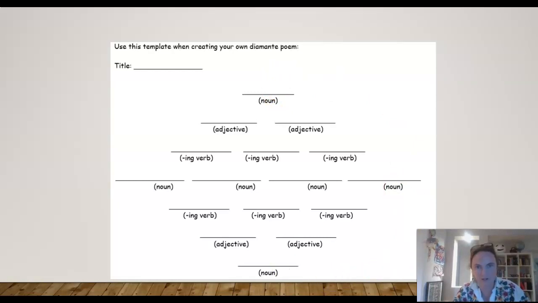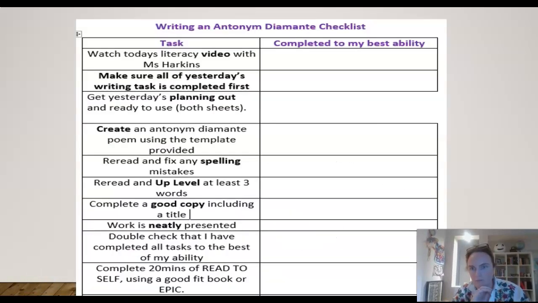So you need to make sure that you've got out your list of words that you came up with yesterday. You've done the planning. Now you need to put it onto this template to create, remember, a diamante. It's a diamond poem. Once you've put your words into the correct place on the template, the next thing you need to do is have another look at the checklist that we've been using.